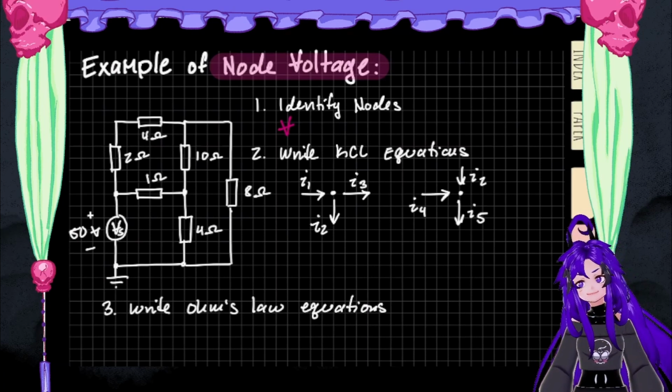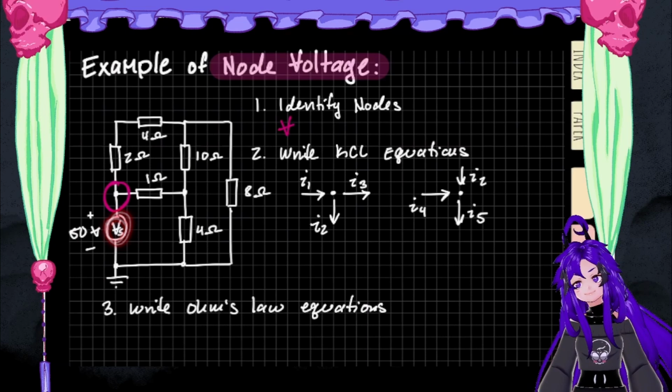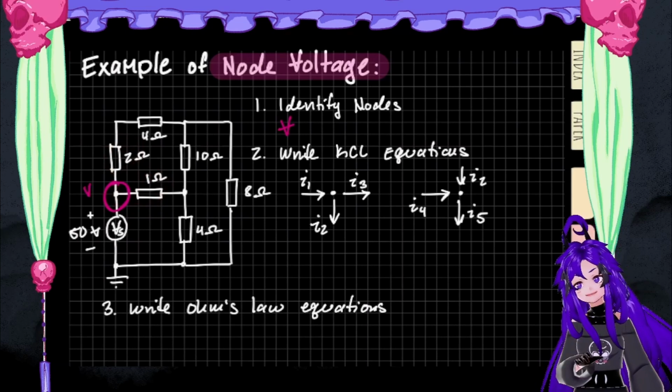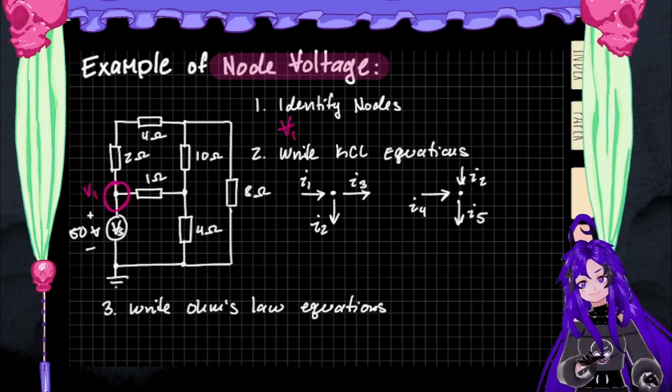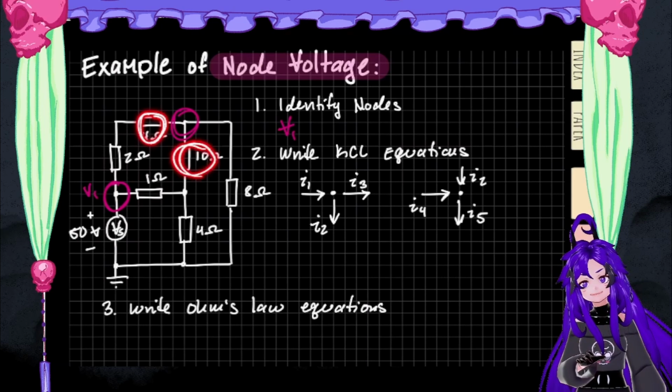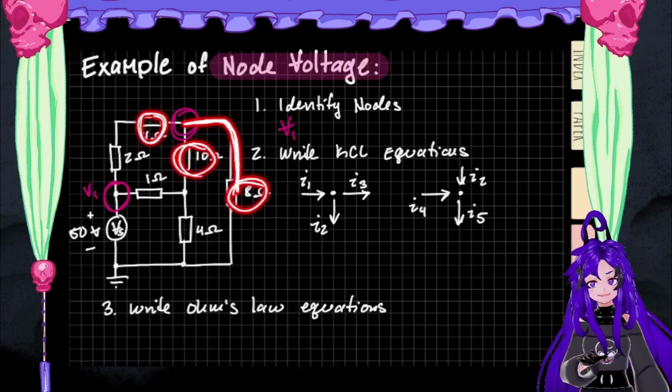First of all, we've got a node here at the joint where this voltage source and this 2 ohm and this 1 ohm all connect together. That's a node. We'll call that one V1. And then we've got a node up here where we've got this 4 ohm and this 10 ohm connecting to this really long wired 8 ohm.